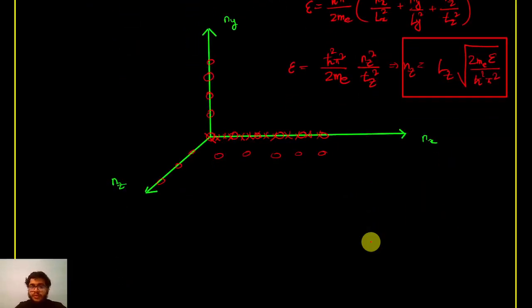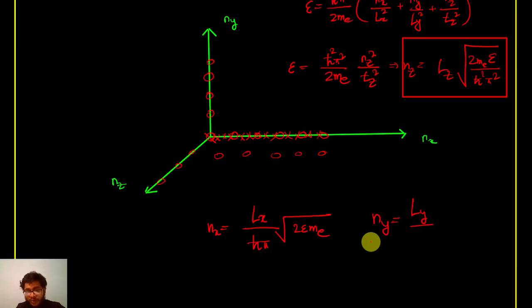Similarly, nx becomes lx by h bar pi root 2me epsilon, ny becomes ly by h bar pi root 2me epsilon, and nz becomes lz by h bar pi root 2 epsilon me.